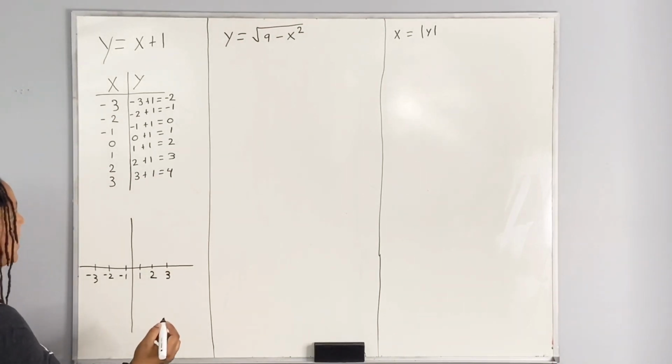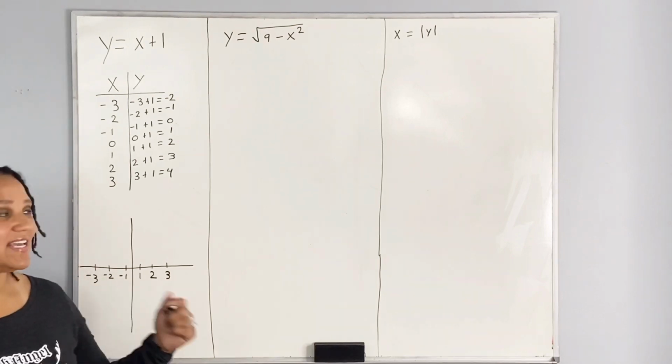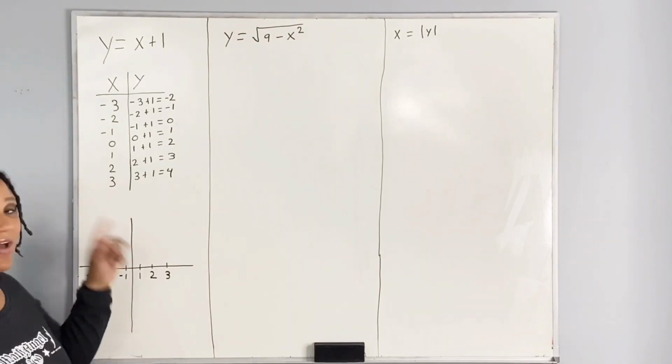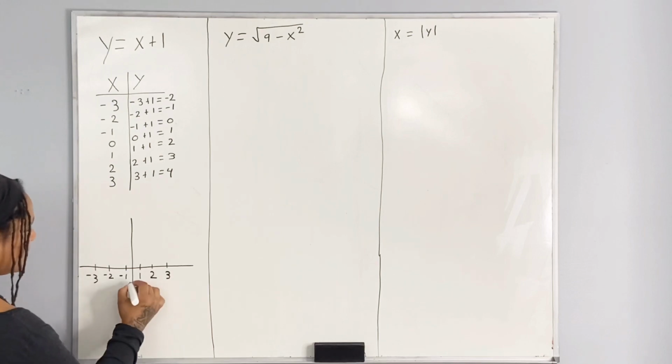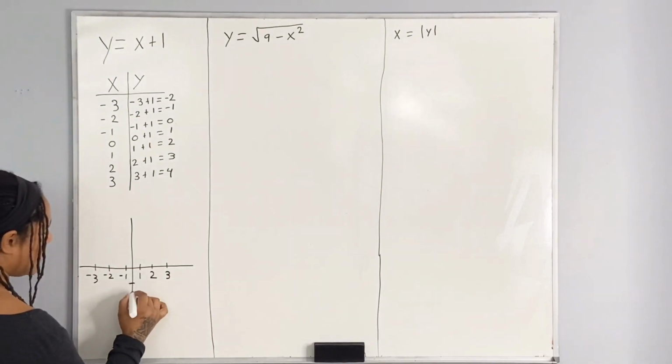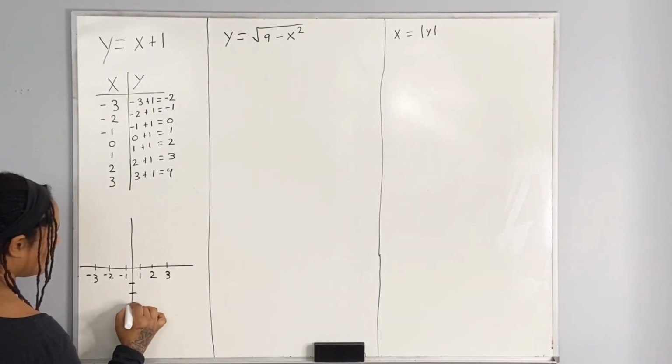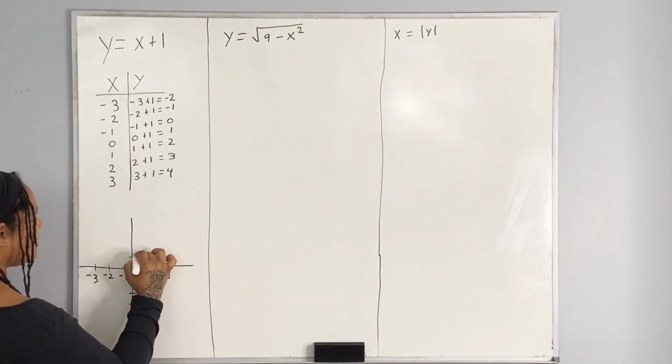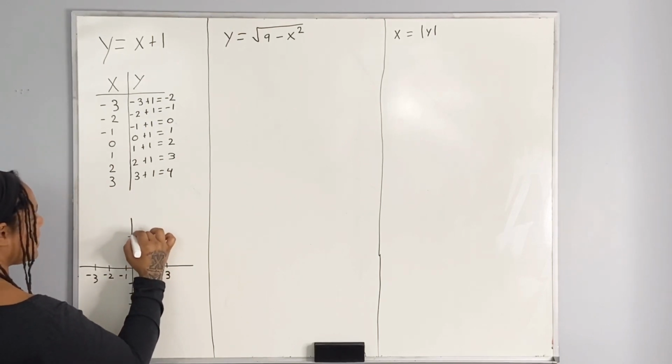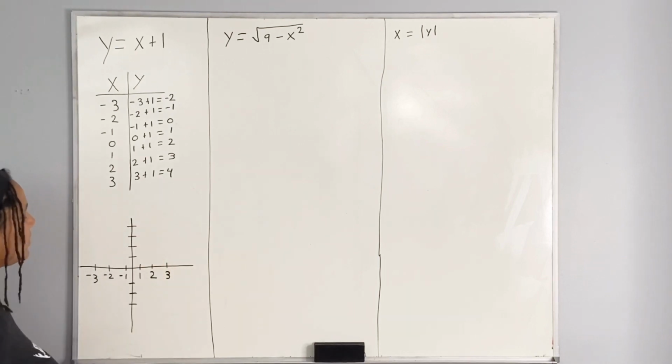So our x values go from left to right, and our y values go up and down. So here we have -1, -2, -3 going down, and +1, +2, +3, and +4 going up.